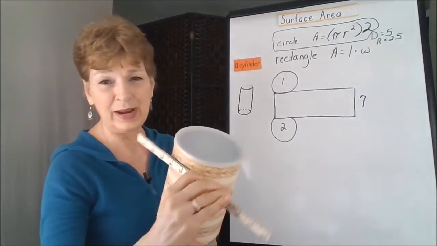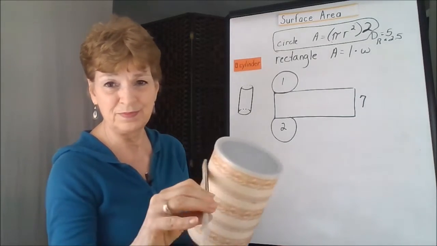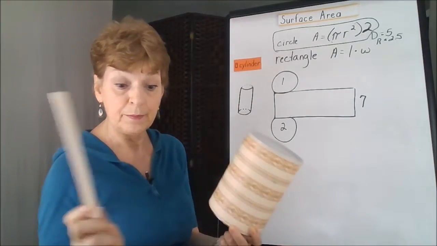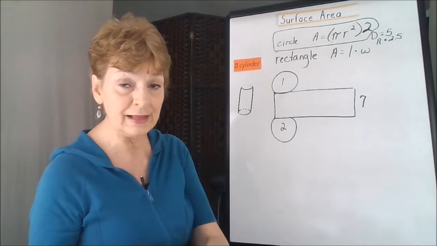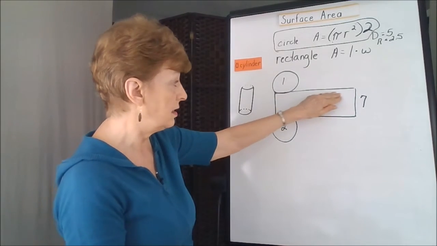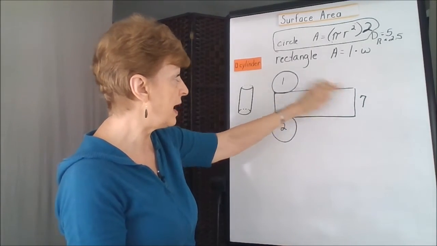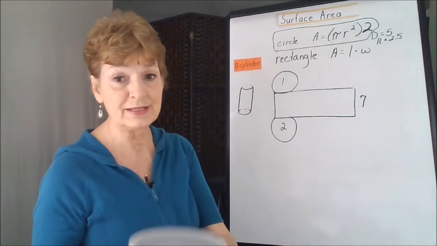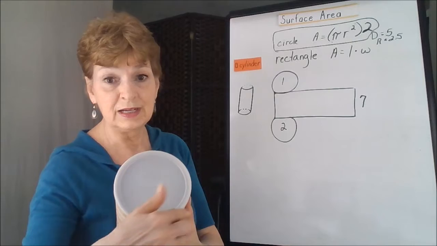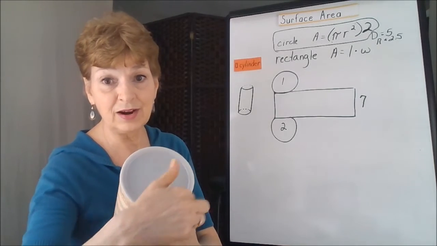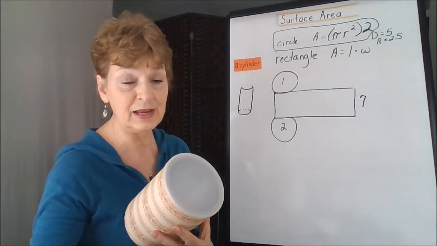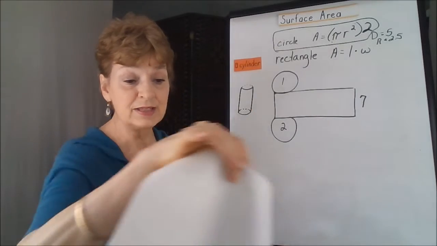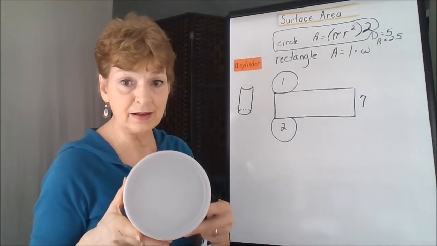It's weird to go around the shape with this round part. But we can figure out the length of this rectangle by figuring out the circumference of the circle, because the circumference of the circle is actually going around the rectangle. So it's the length of the rectangle.